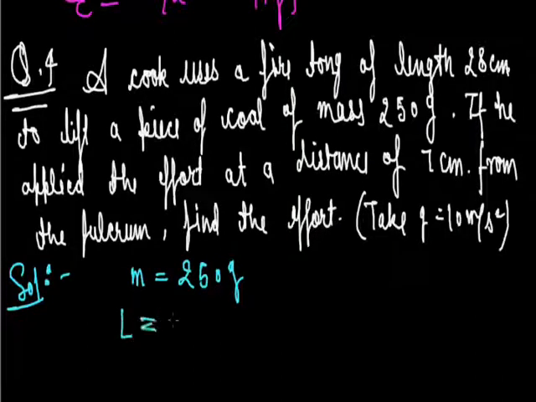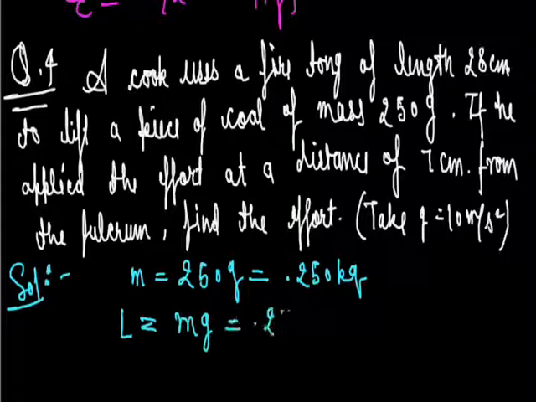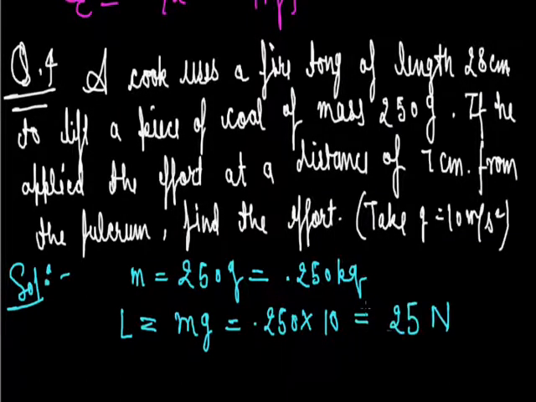Load means weight, which will be mg. So it will be 0.25 kg into 10, since we have to take g equals 10 meter per second square. So it will be 2.5 Newton.